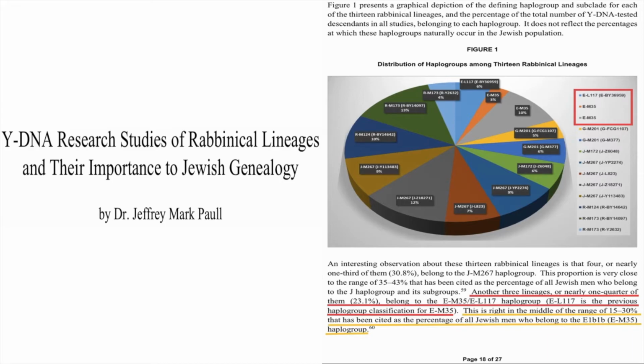E-L117 is the previous haplogroup classification for E-M35. This is right in the middle of the range of 15 through 30% that has been cited as the percentage of all Jewish males who belong to the E1B1B-E-M35 haplogroup.